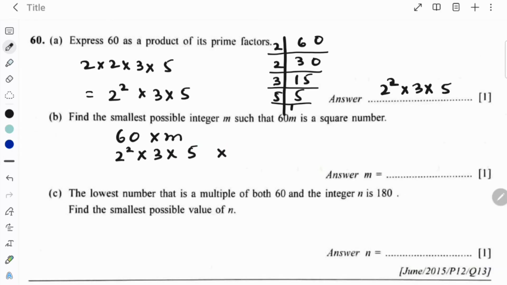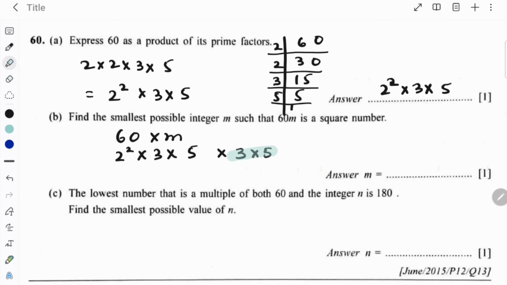I don't multiply any numbers because the smallest value is required. So I'll not multiply the 2 square, it is itself a square number, but 3 is not a square number. I'll multiply by 3 to make a square number, and then I'll multiply by 5 to make a square number.